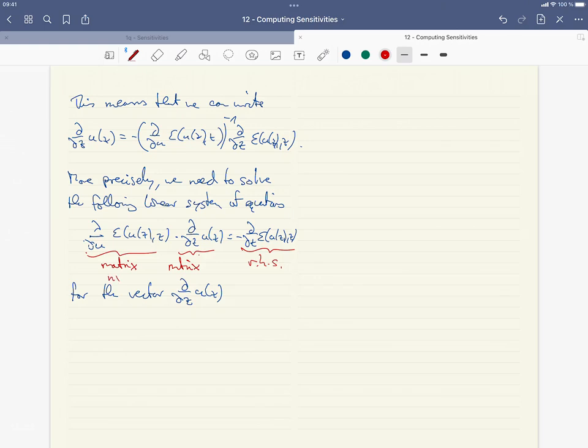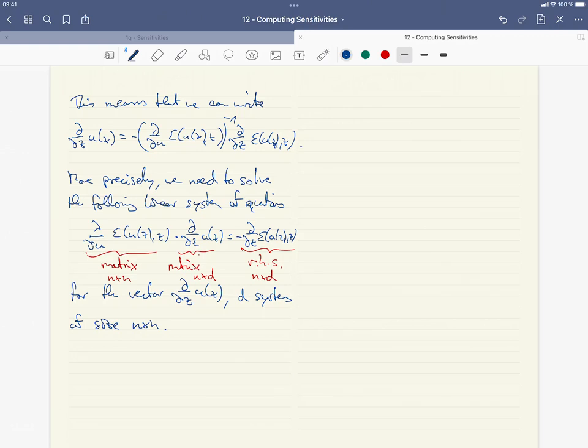Yeah, so this is n by n, this is n by d, and the right-hand side is also n by d. So it's actually d systems of the size n by n each. D systems of size n by n. And that's going to be important.